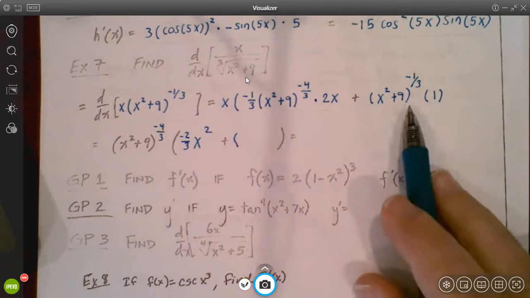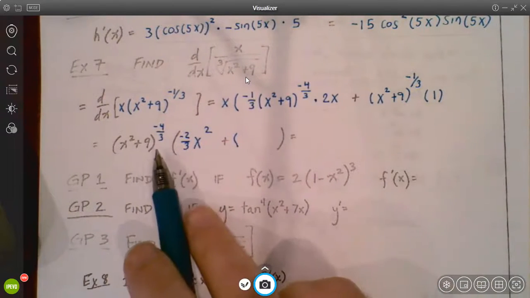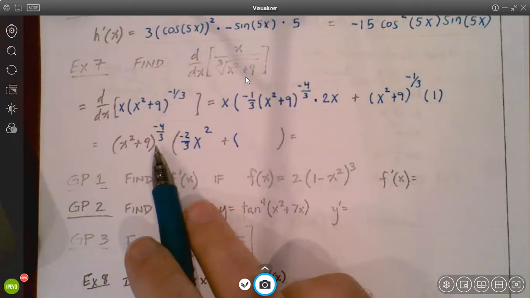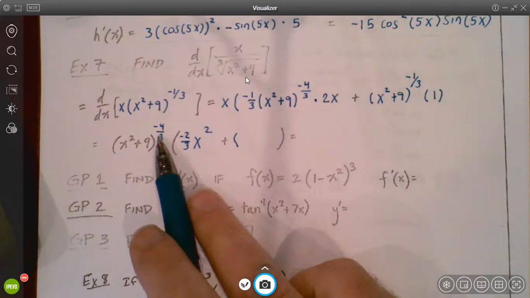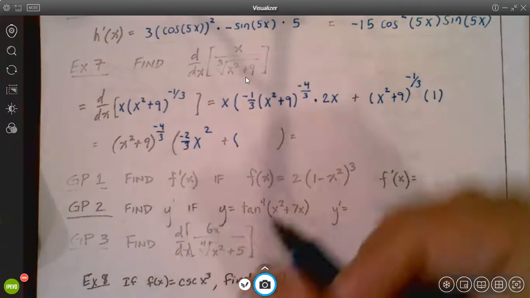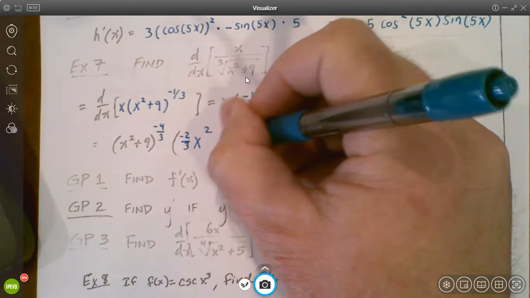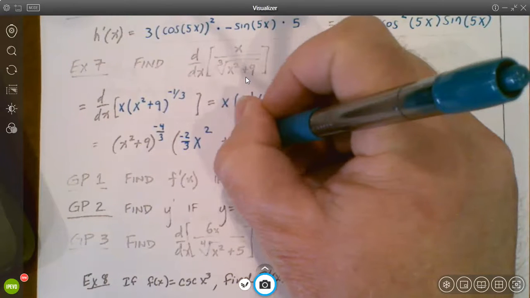And then now let's look at what's remaining from the second term. Remember, when you factor something out, what you're really doing is dividing, right? So you're dividing something out. Well, what do we do with exponents when you divide? We subtract them, right? So really, when I divided this out, as far as the exponent is concerned, let me just write the x squared plus 9.